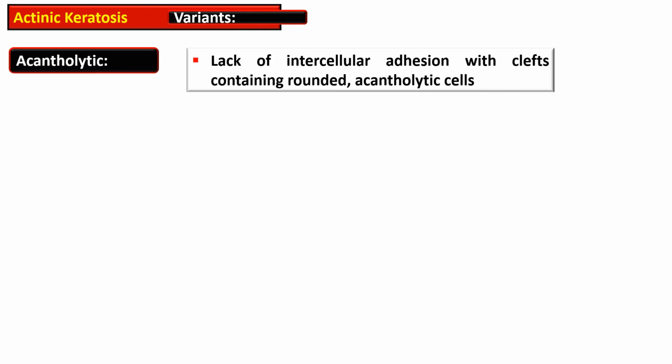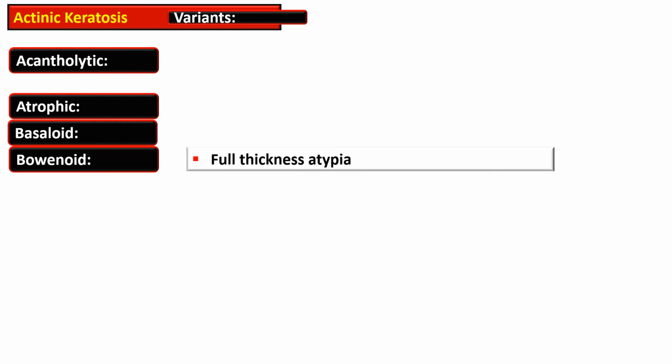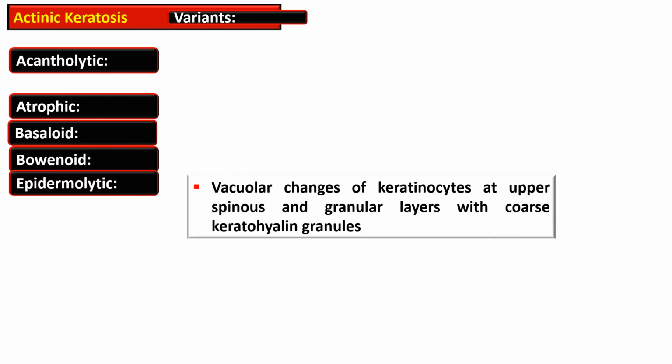Many histologic variants of the actinic keratosis have been identified. One is termed as acantholytic. There is lack of intercellular adhesion with clefts containing rounded acantholytic cells. Then there is atrophic, when the epidermis has only 3 or 4 layers of keratinocytes, or basaloid, when most of the cells are basal, like basal cell layer. Then bowenoid, when there is full thickness atypia, and this bowenoid is also carcinoma in situ.